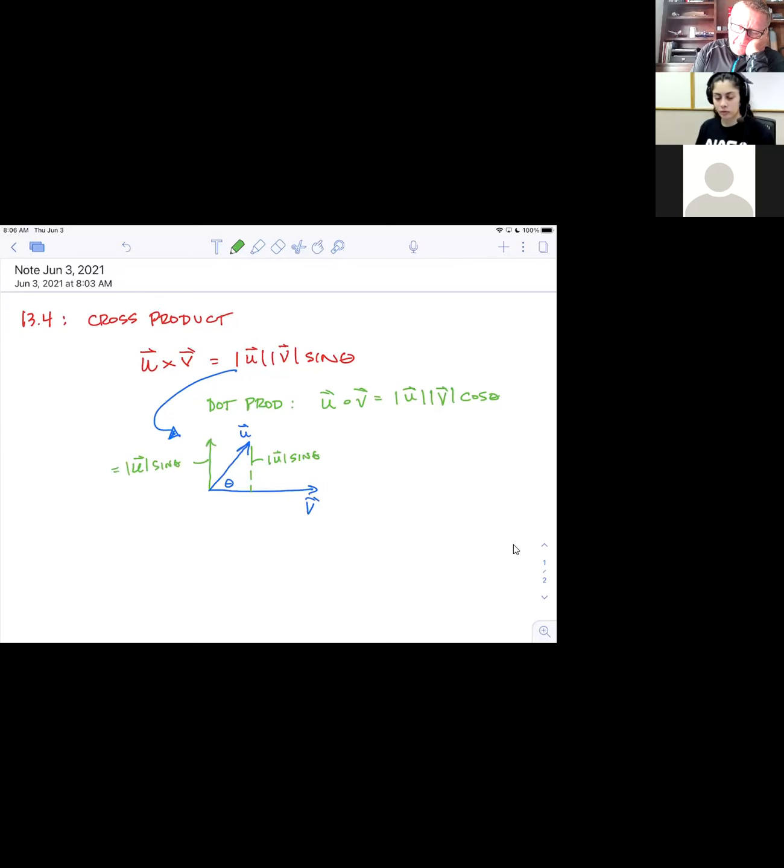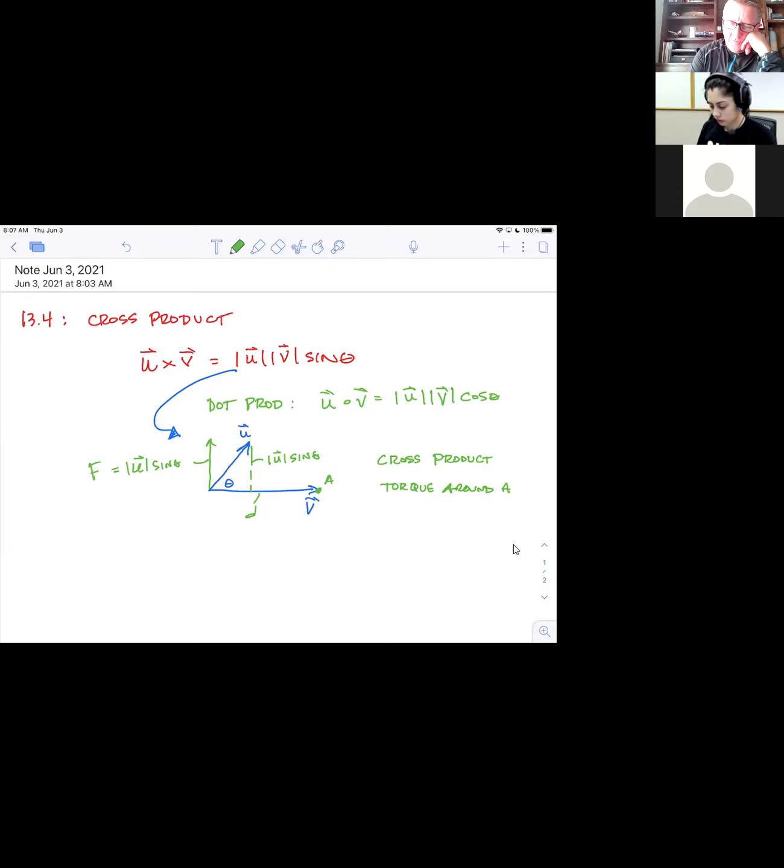Then if this is the force and this is the distance, I'll call this point A, then the cross product could be thought of as the torque around that point A. So the V vector is how long the wrench is, so to speak, and the U vector is the force.